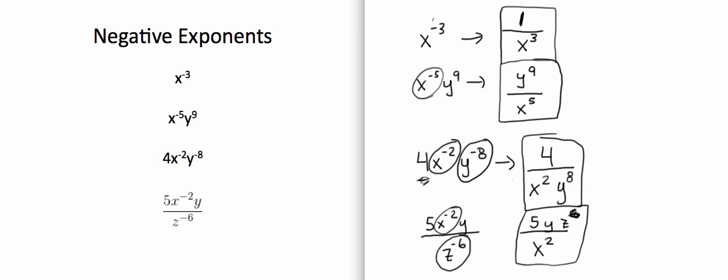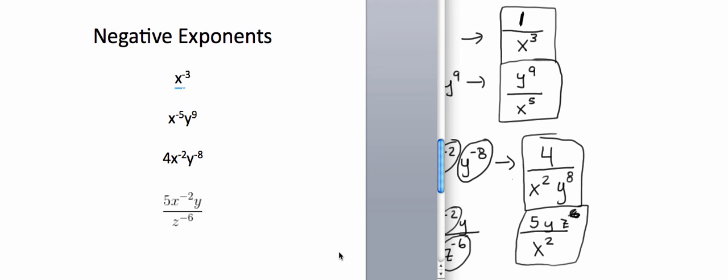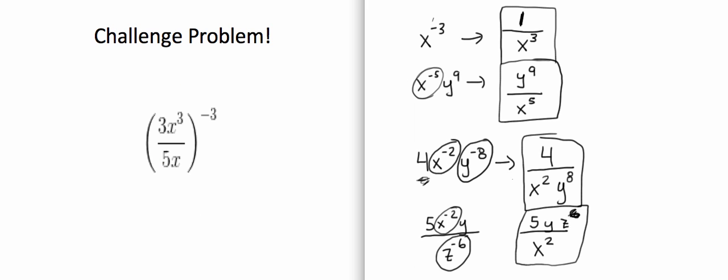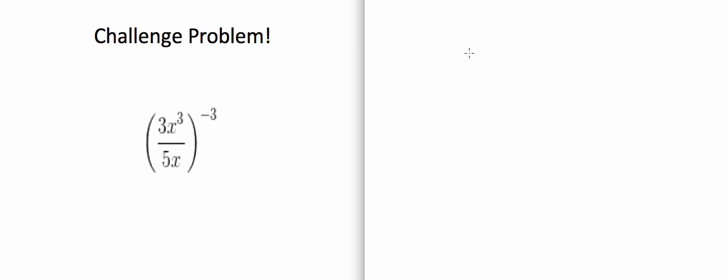Okay, so we're moving different things around here and there to get ourselves away from negative exponents. Okay, so the last example here is a challenge problem that I'm going to give you guys. We've got 3x to the third over 5x. All of that's raised to the negative third power.